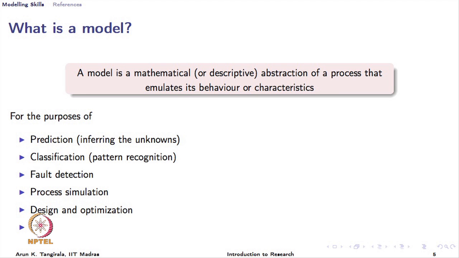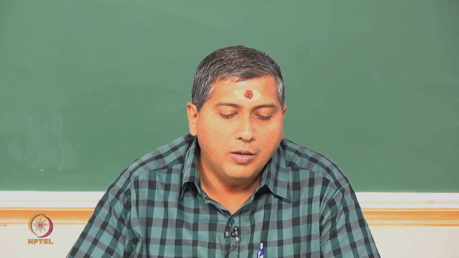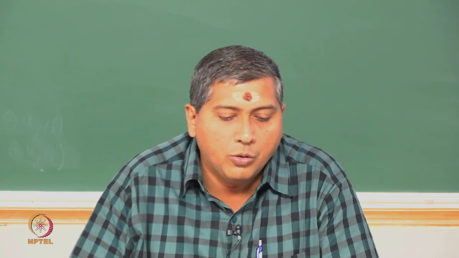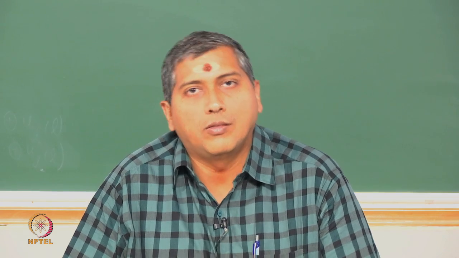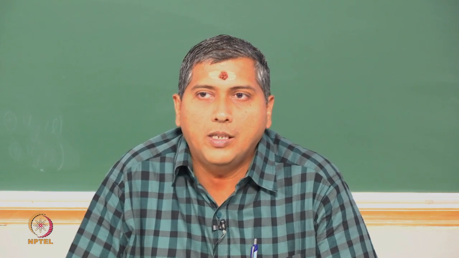And the third application of modeling is in fault detection, where I build a model of the process under normal operating conditions, right. For example, I know how a friend of mine would talk and sit and so on when he or she is normal, but when something is wrong, maybe something is mentally troubling my friend, then I know that something is definitely troubling him by observing the behavior.